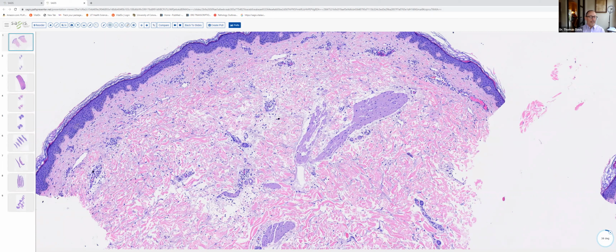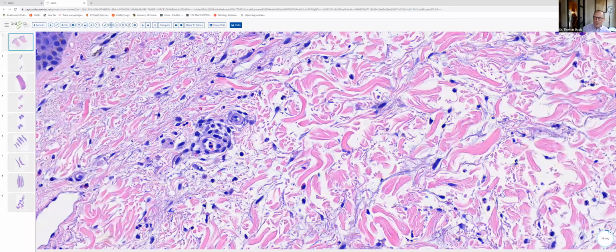And if we take a look at the inflammatory infiltrate, we can see that it's mixed. Indeed, if you've got a perivascular dermatitis without epidermal changes and there's an interstitial component, 9 out of 10 times the infiltrate is going to be mixed, and your differential is going to be predicated on identification of the inflammatory cells comprising the infiltrate.